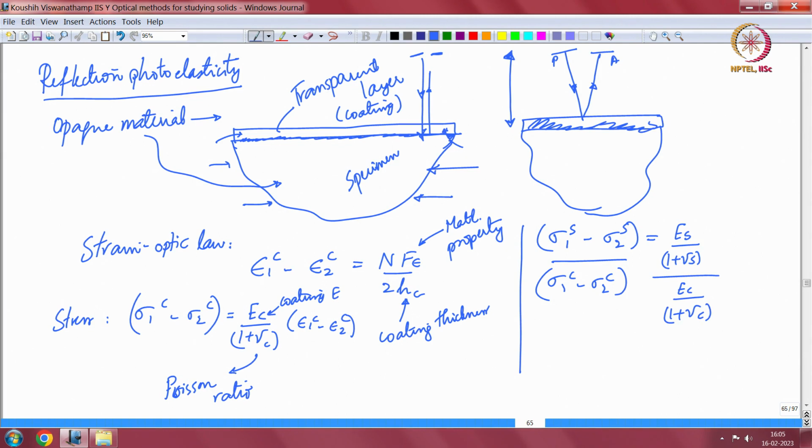Okay. Because the displacements that are transmitted from here to here are the same. So, the strains that are transmitted are the same. So, the stresses are in the ratio of their elastic constants. So, from here you can get sigma 1 s minus sigma 2 s. Okay. And you have to do the same thing as we did before.